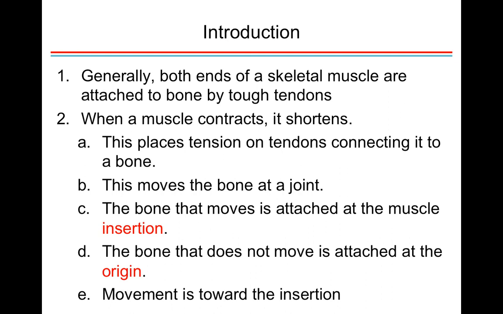So skeletal muscles have both ends attached to a bone through tendons, and when we want to move parts of our body, we're going to have a muscle contract, and we have a bone that moves. It is attached at the muscle insertion, and there's also a bone that doesn't move, and that's attached to the origin of the muscle.